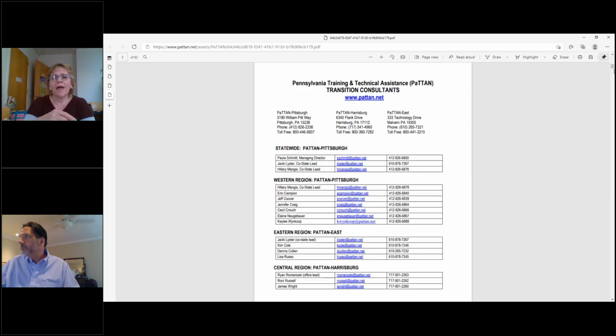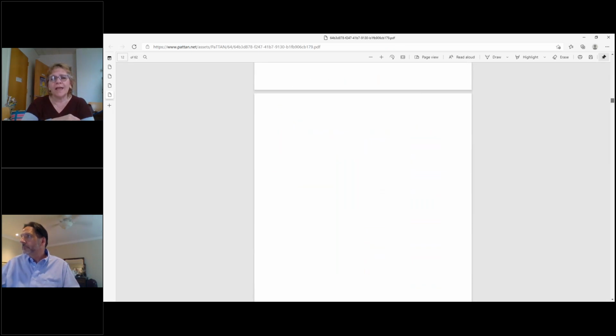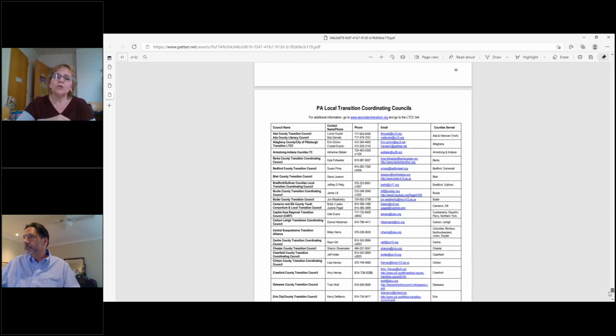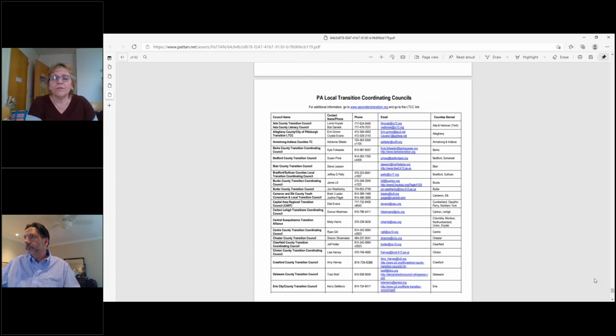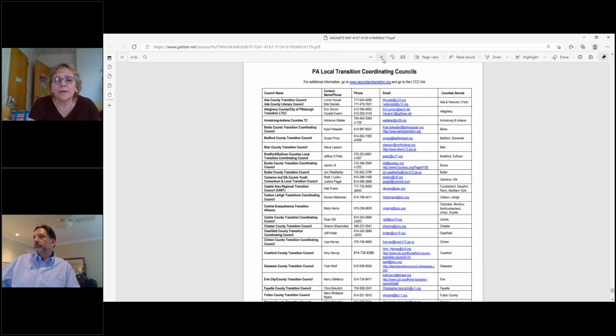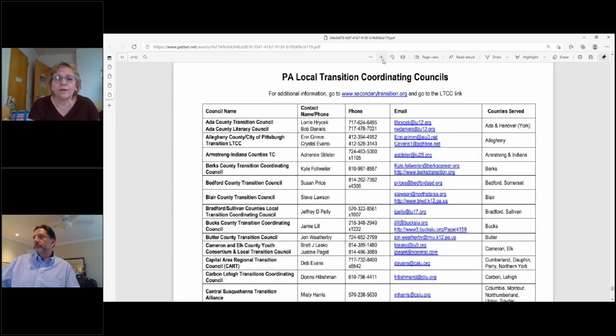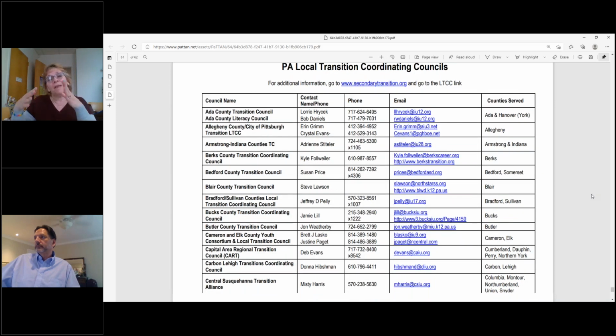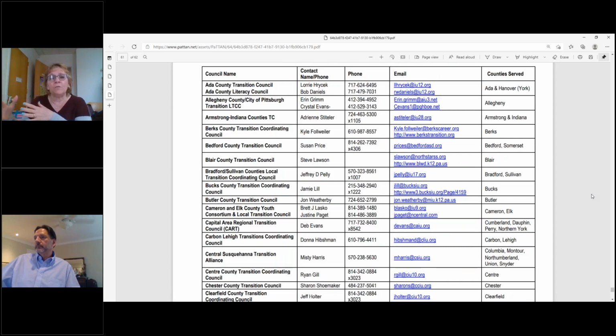If you go towards the end, I think it's pages 61 and 62, you can see there you go. Thank you, Michael. All of the transition councils in the counties where you live. So there may be one in your county, but there might not be, but maybe in a neighboring county, there would be one.